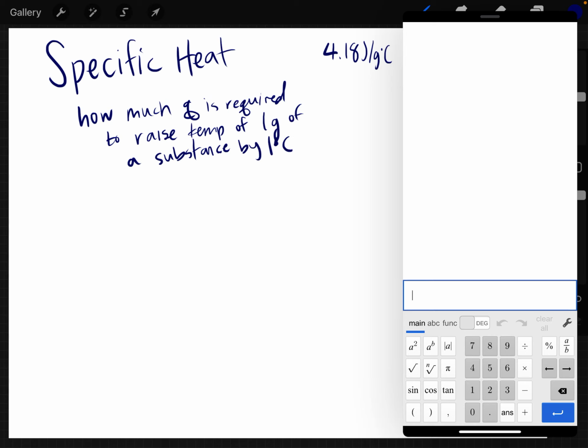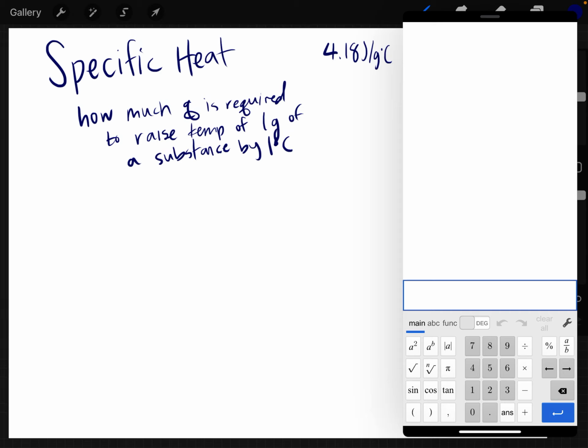Again, this is not a very beautiful definition because it's just me saying out loud. Your notes probably have a better, more succinct definition, but basically the idea of specific heat is, hey, how much effort, essentially, how much heat do we have to put in here to make this specific substance raise its temperature?